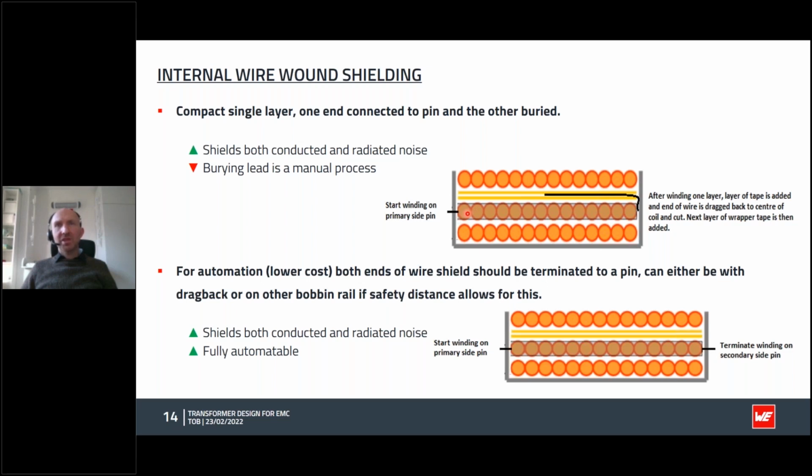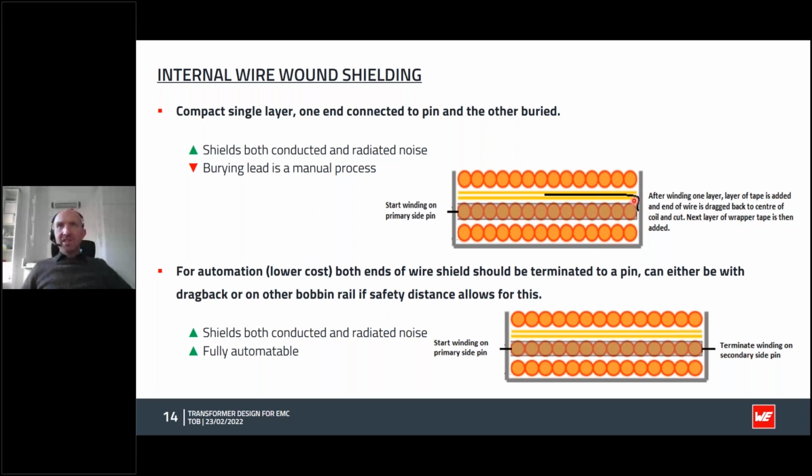So all the windings should be close to each other, and that's why we use lots and lots of turns of a very thin wire. The thin wire again reduces eddy current losses, and that can be wound between the primary and secondary all the way along the bobbin. The more copper we have in there, the better. So we want to fill as much area as possible to have as good a shield as possible.